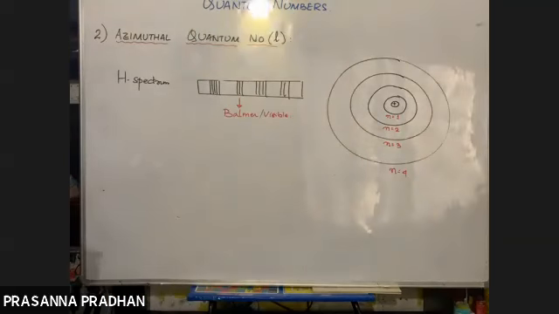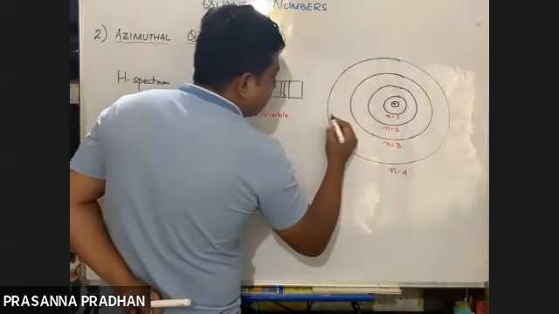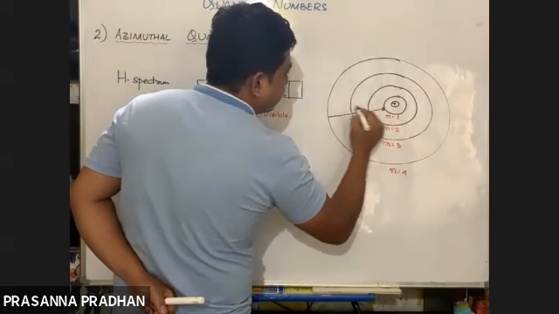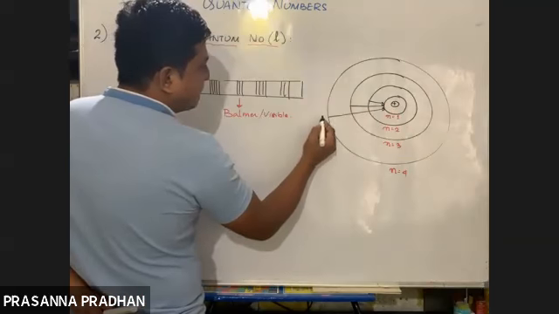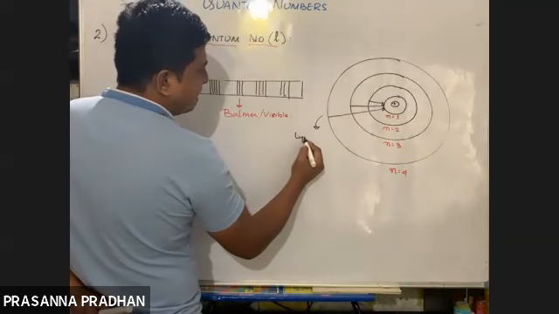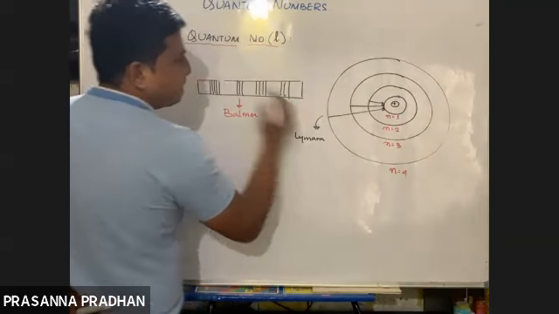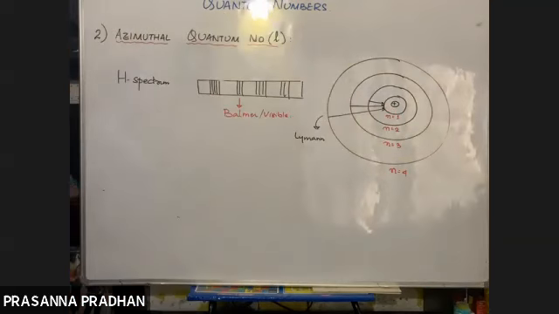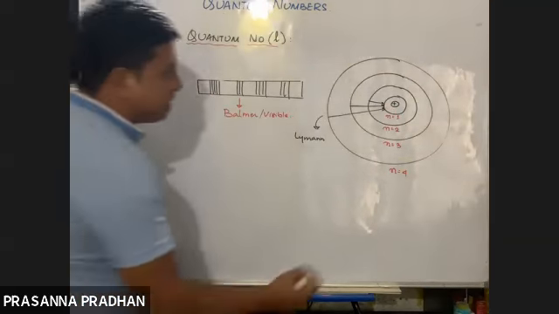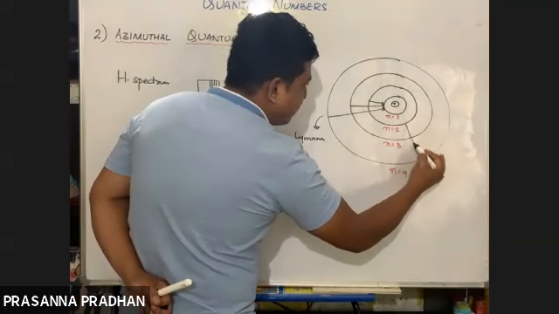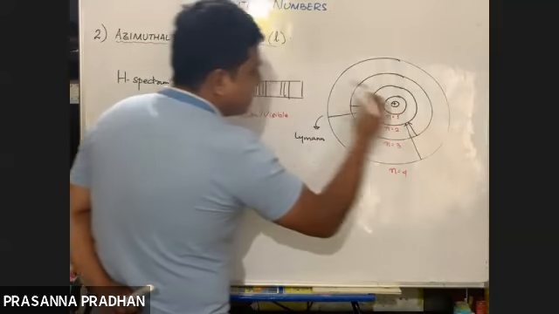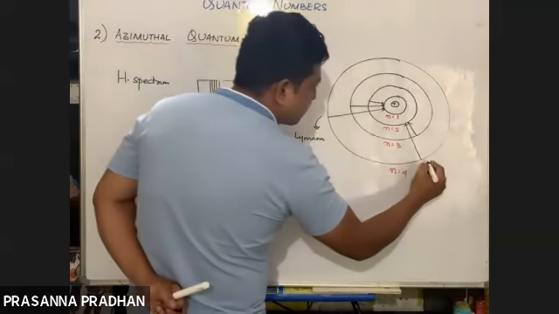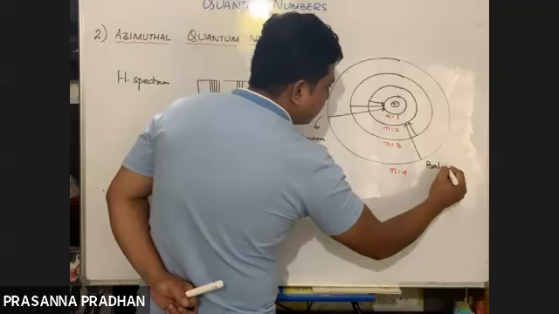when an electron makes a transition from any higher energy level to the first energy level, we get lines corresponding to which series? Lyman series. We discussed this, right? Similarly, when an electron makes a transition from any higher energy level to the second energy level, we get lines corresponding to the Balmer series.